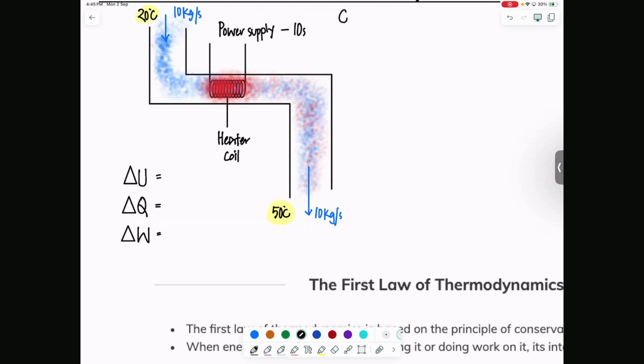C for water. What is C? Specific heat capacity. Do you know the value? Yeah, 4200. This chapter is just based on this topic. Per degree Celsius. Yeah. So using this information, can you find del U, del Q, del W? This is for the water.